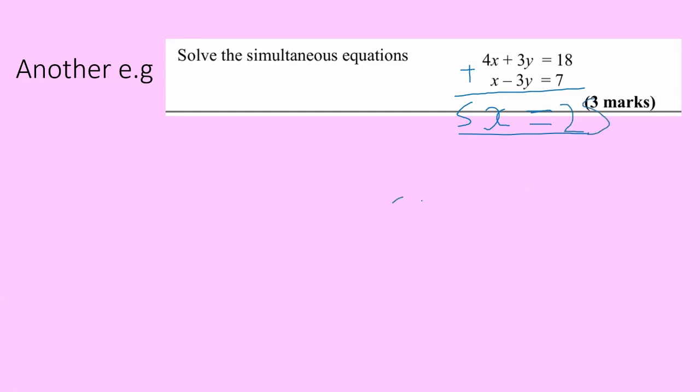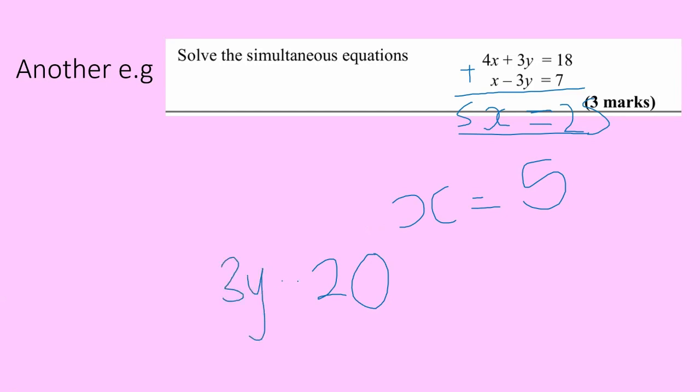So now I know x is obviously 5 because 25 divided by 5 is 5. Now all I need to do is substitute my x into one of the equations. And I'm just going to do it in the top one. 4 times 5 is 20. And I'm just going to move the 3y here. It doesn't really matter. 3y plus 20 equals 18. So what I'm going to do is I'm just going to minus the 20 on both sides.